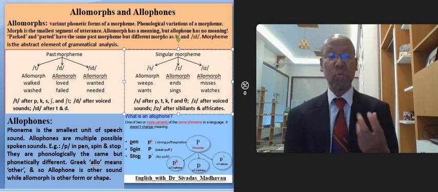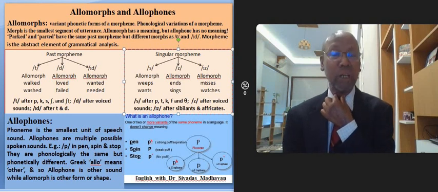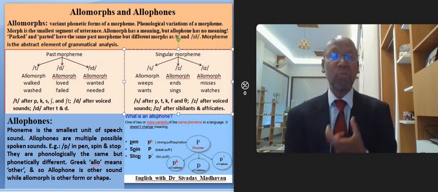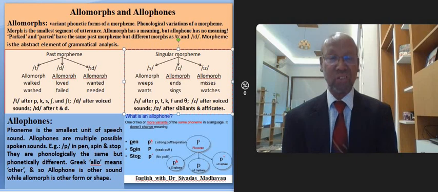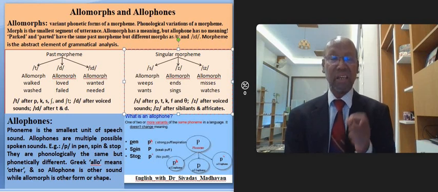Voiced sounds are the sounds produced by vibrating the vocal cords. So vocal cords vibrate to produce the voiced sounds. After voiced sounds, we realize the past tense morpheme as d. Example: love, loved. Fail, failed.